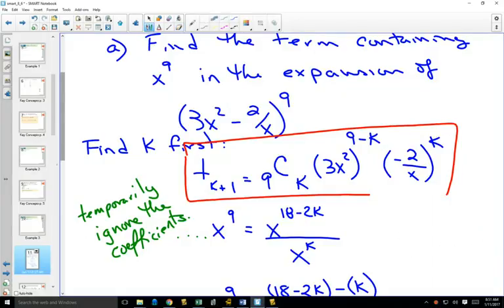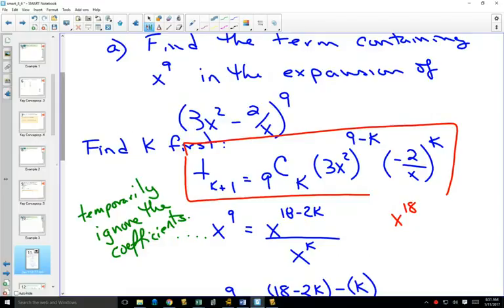Well, if I would do term 1, that's when k is 0. So when k is 0, I'd have x to the 18 on top and no x's on the bottom. Then if I would do term 2, that's when k is 1.